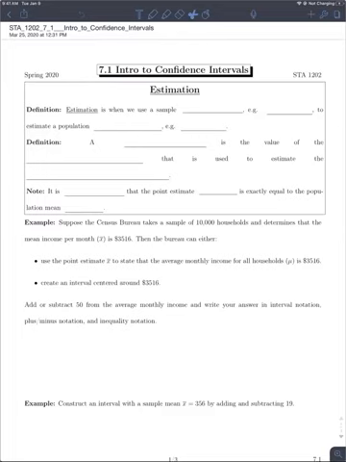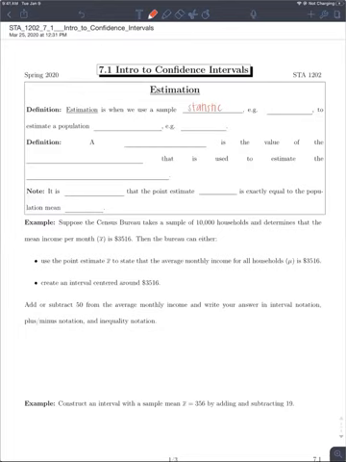Here, all of these problems are going to ask you to estimate either the value of mu or the value of p. If we start taking these notes, estimation is when we use a sample statistic. What's an example of a statistic again? Is mu a parameter or a statistic?